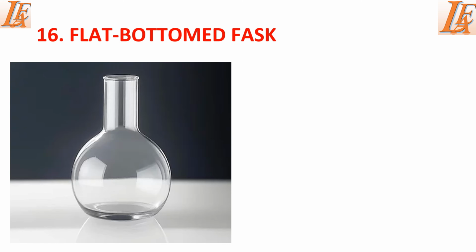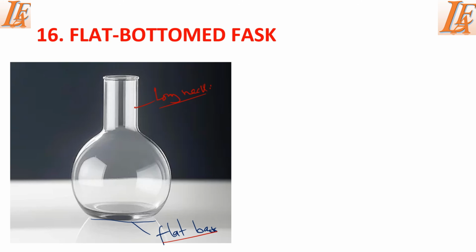Another apparatus that we have is a flat bottomed flask, and a flat bottomed flask is a glass container with a flat base and a long neck. So for you to identify a flat bottomed flask, you must look at the flat base. This is a flat base, and this one here is a long neck. Now, the main difference between a flat bottomed flask and a round bottomed flask that we have just discussed is that a flat bottomed flask, this one here, has a flat base, while a round bottomed flask had a round or spherical base.